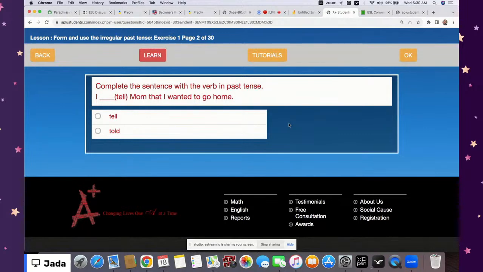First or second one. So it's going to be told, the second one, okay? So told.